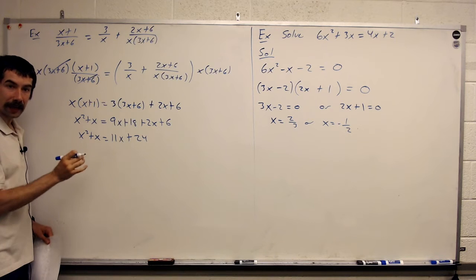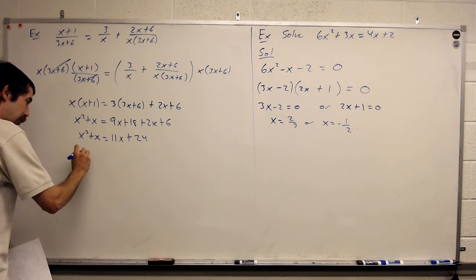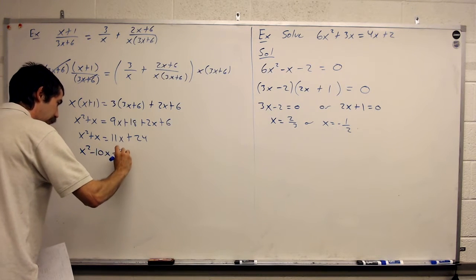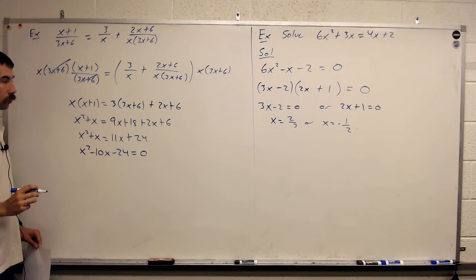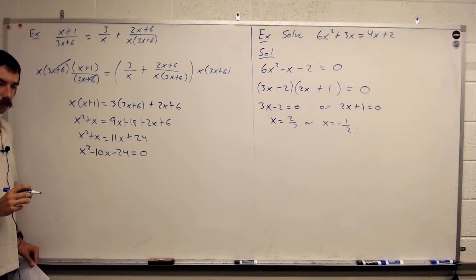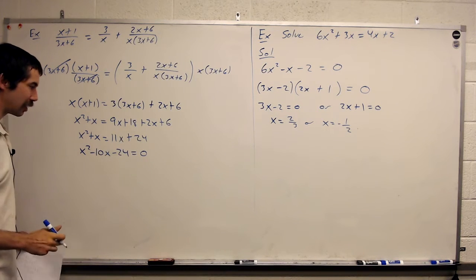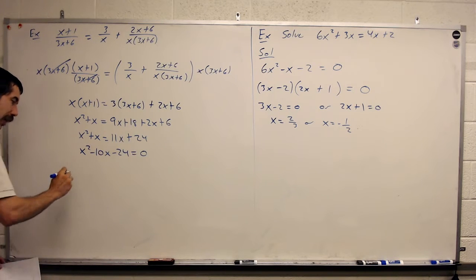We need it to be equal to 0 in order for us to factor. X squared minus 10x minus 24 equals 0.